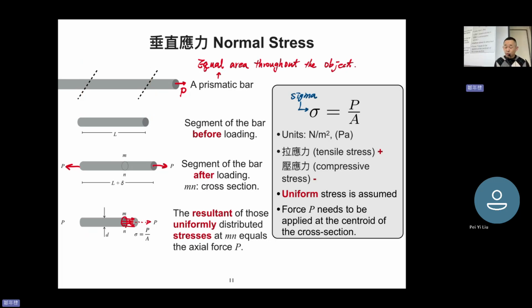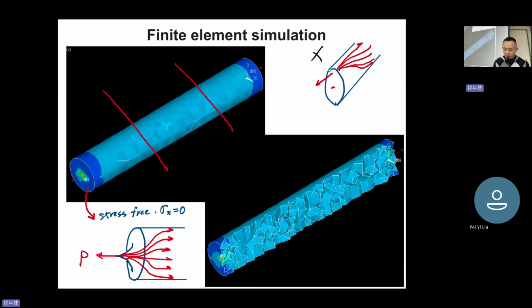The reason is that when we apply a concentrated load, it will give us a very high stress at the tip, at the location that we apply the force. So this is a very complicated stress status in this region, okay?